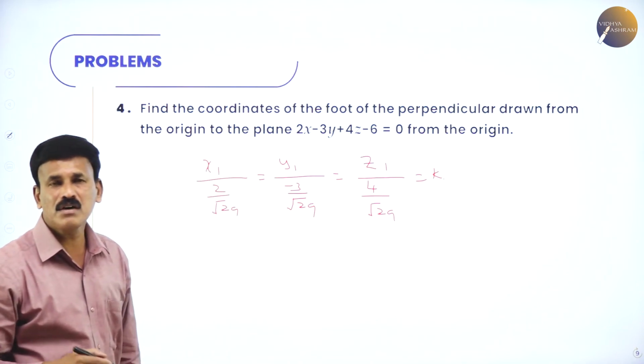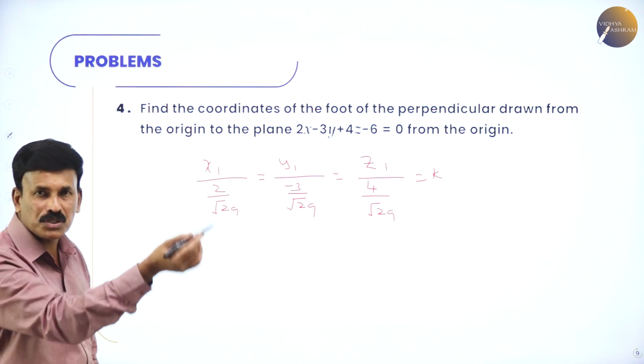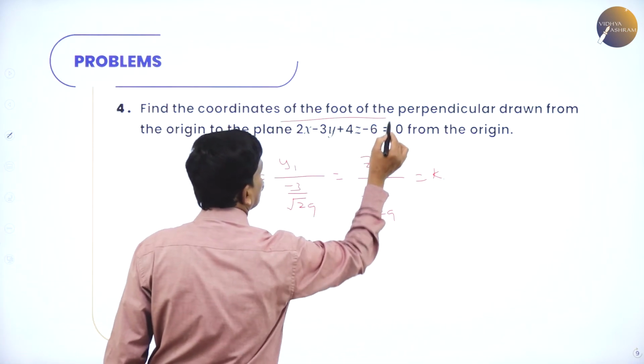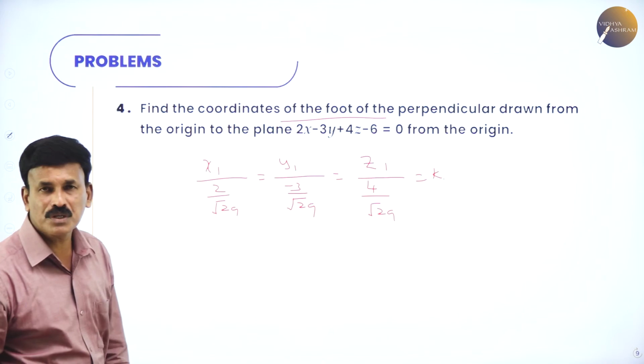Now find out the value of x1, y1 and z1 and substitute in the standard given equation. You will get the coordinates of the foot of the perpendicular.